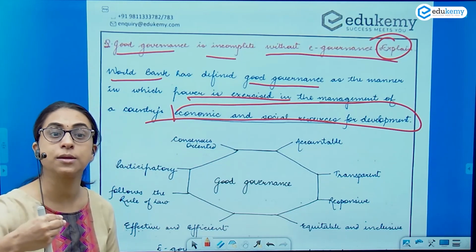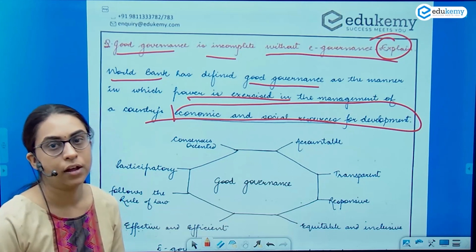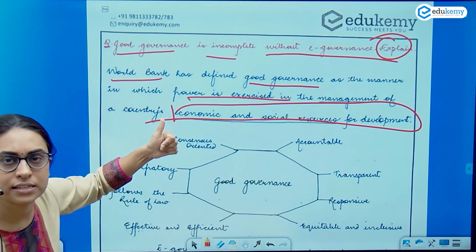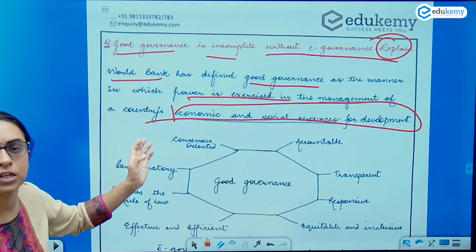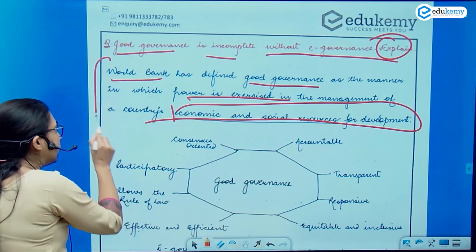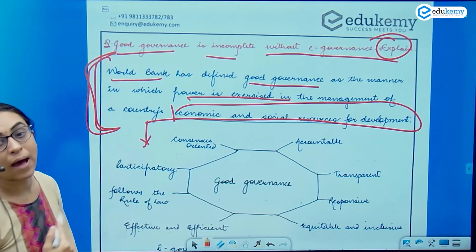The manner in which the power is exercised will define whether the governance is good or bad. So good governance, in simple 2 lines, is the manner in which power is exercised so as to manage the country's economic and social resources for development. Then after this you write the parameters.